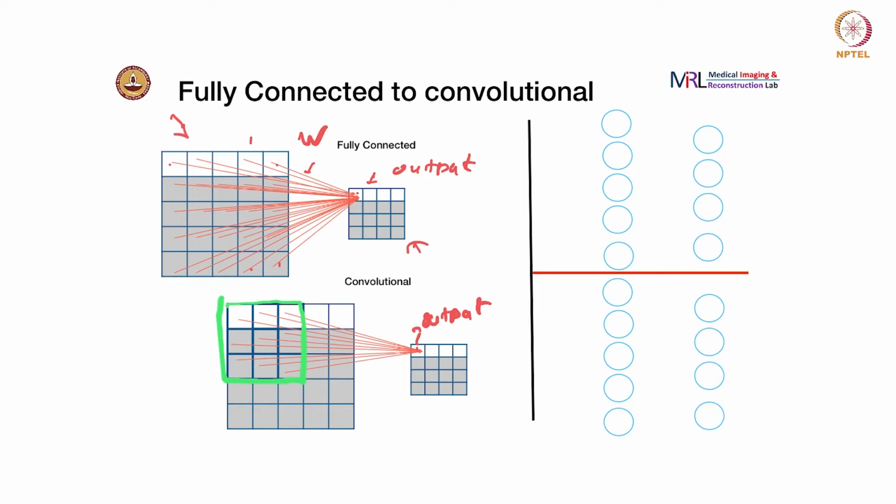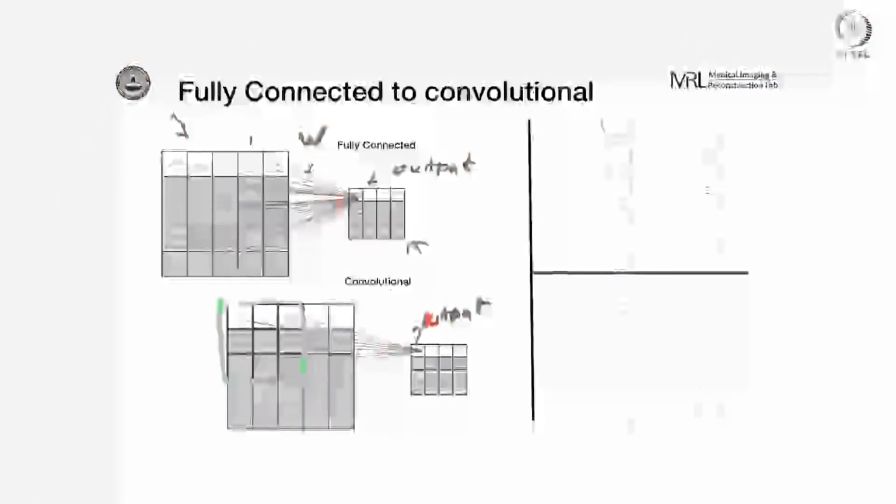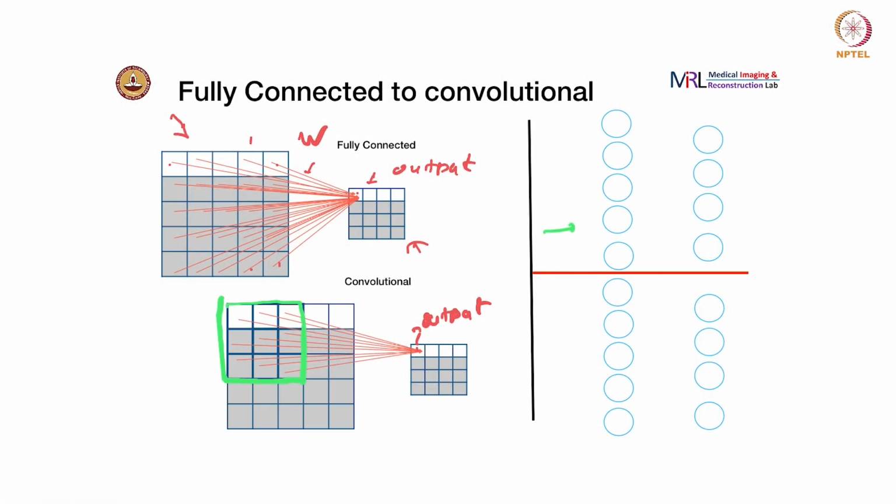Okay. So how do we visualize this in the context of a feed-forward network configuration? Let's say this is the input layer right here, and this is the output layer. In a feed-forward neural network configuration, every output is connected to all its inputs, all the units in the input layer.